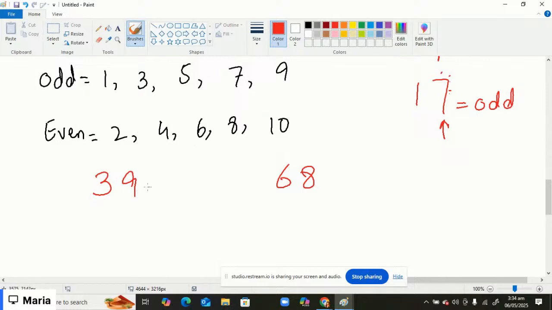We are going to check firstly 39. There is 9 in the end. 9 is even or odd? 9 is odd, so this is an odd number. Now let's see 68. There is 8 at the end, and that is an even number.